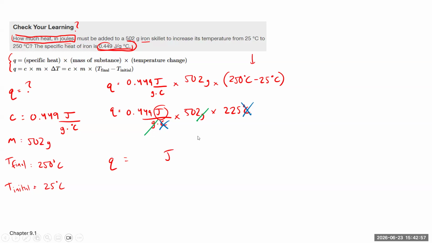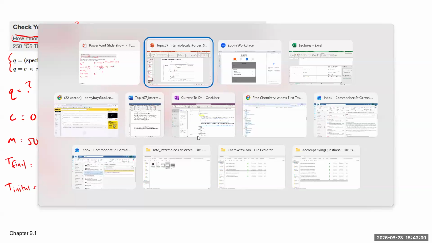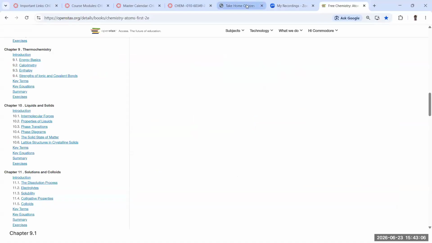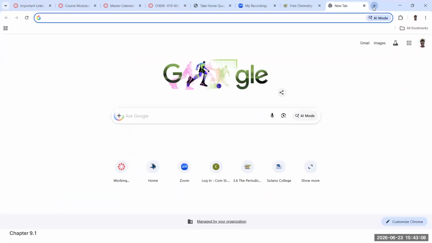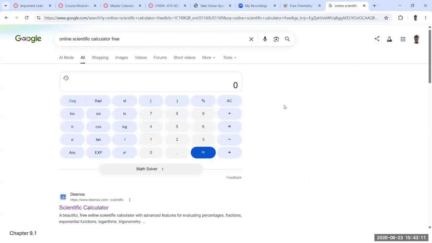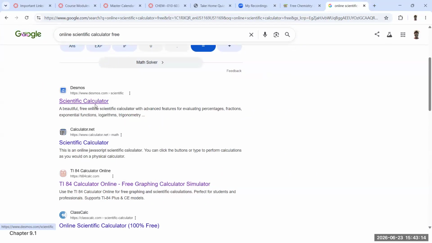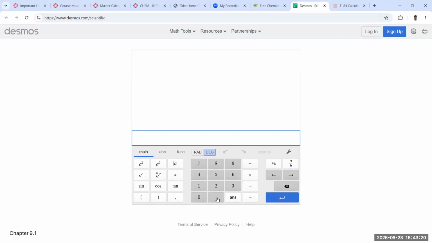Let's look for an online calculator. Let's see. Online scientific calculator free. Let's check out this one. We'll use a different one for the next one. All right, so it's going to be 0.449 times, I think it was 502 grams times now 225, and there's no units because those all canceled.